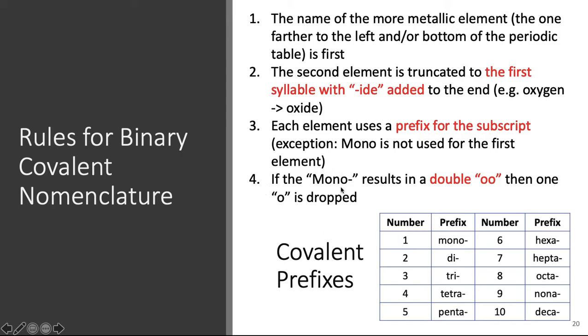If the mono results in a double O or an AO, especially with oxide, so mono-oxide, for example, one oxygen, we will drop one of the O's and write it as monoxide with one O, just for ease of writing. Once again, learn these prefixes, because without them you really cannot write the names of covalent compounds very well.